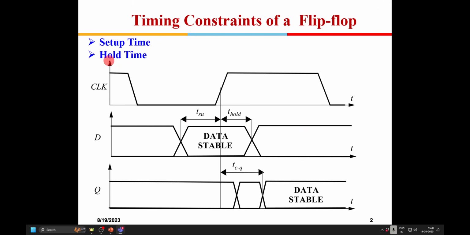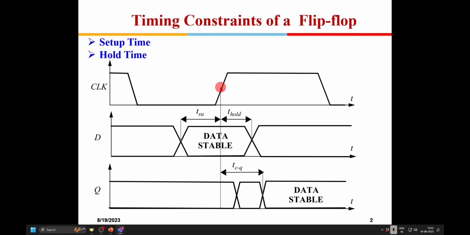For a flip-flop, we said there are three figures of merit which we should know, and for various flip-flop designs we learned how to compute the setup time, hold time and the propagation delay. So what's the setup time of a flip-flop? The graph is shown for a D flip-flop. The input data needs to be stable before the arrival of the clock, and that duration before which the data needs to be stable is known as setup time.